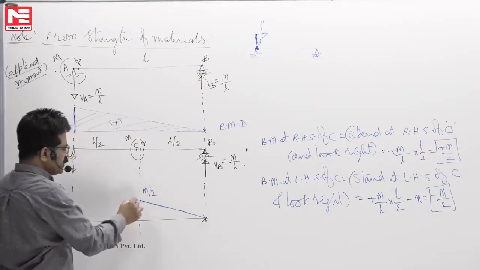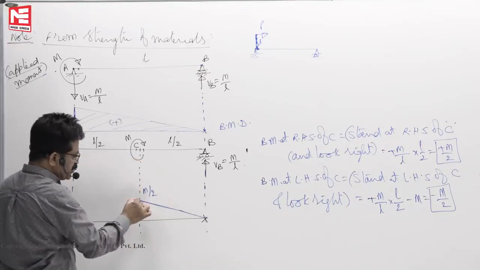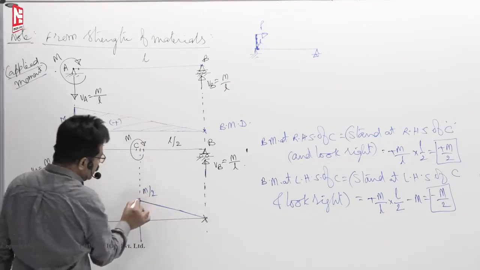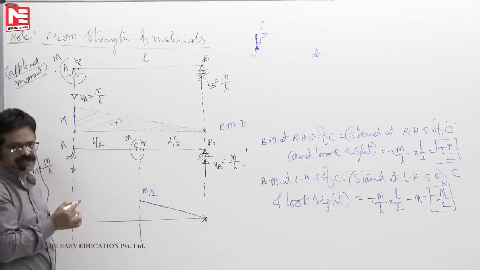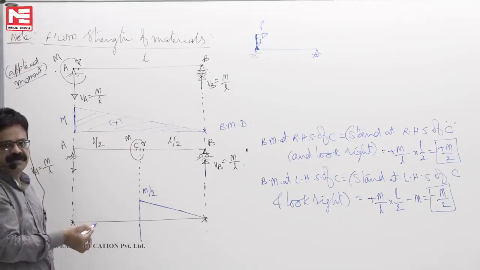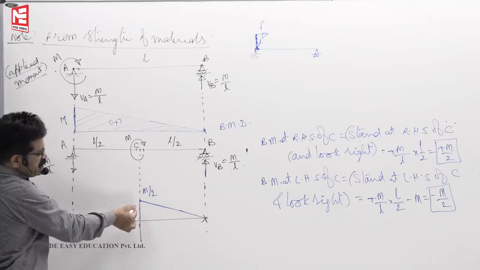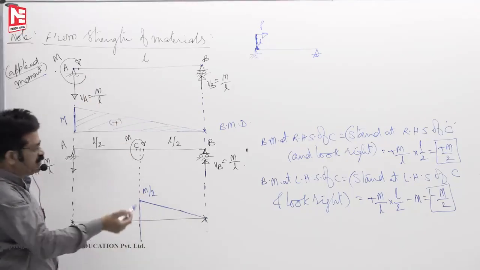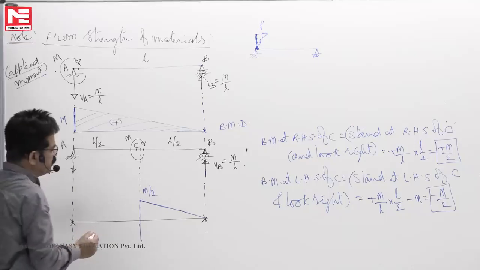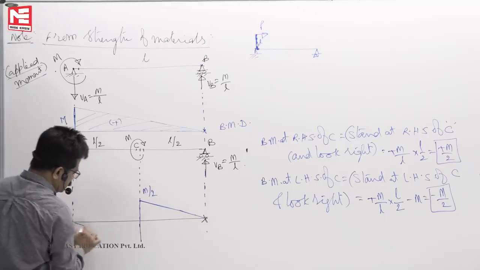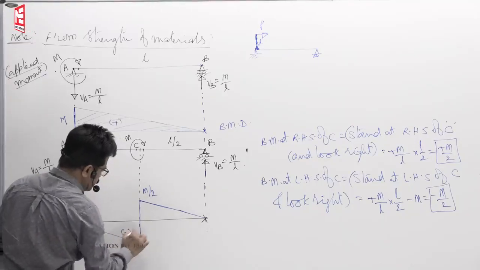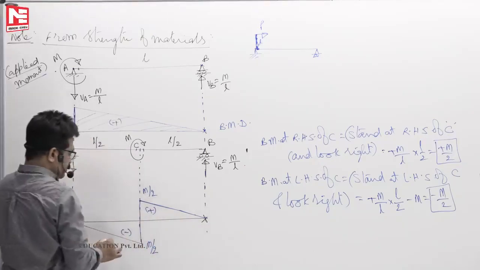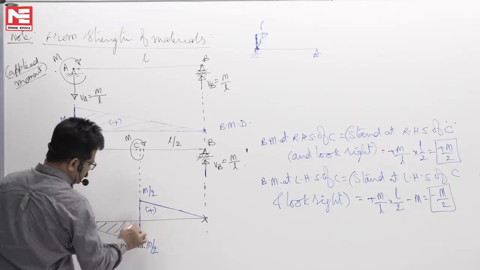Because this zone is very small, we simply write a vertical line. How it varies in this small zone we do not know. Otherwise we would write a small inclined line, but the distance is so small that a pen thickness itself is sufficient. So here it is 0, this is minus, this is plus, M by 2, M by 2. This is the bending moment diagram.